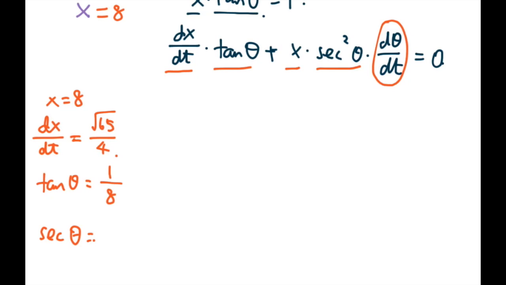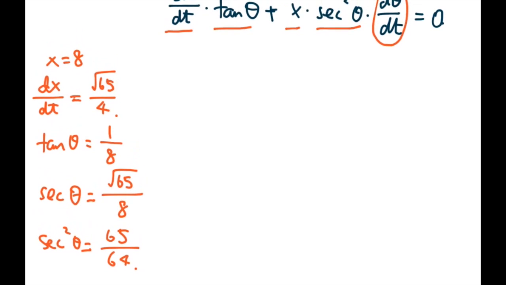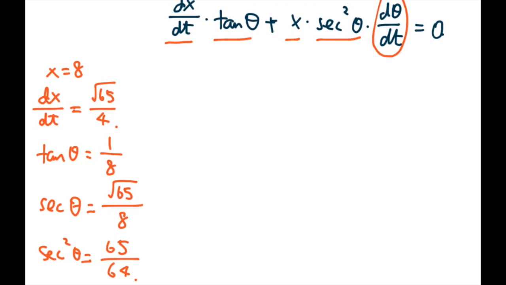So we have dx over dt, which is root 65 over 4, times tangent theta, which is 1 over 8, plus x, which is 8, times secant squared, that is 65 over 64, times d theta over dt, equal to 0. Okay, so actually we can simplify the algebra a little bit.